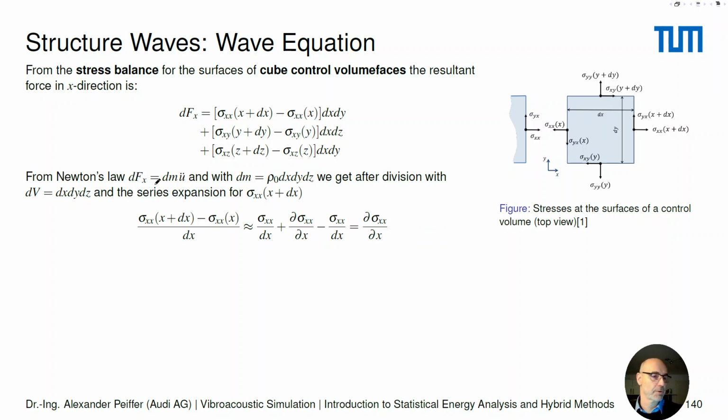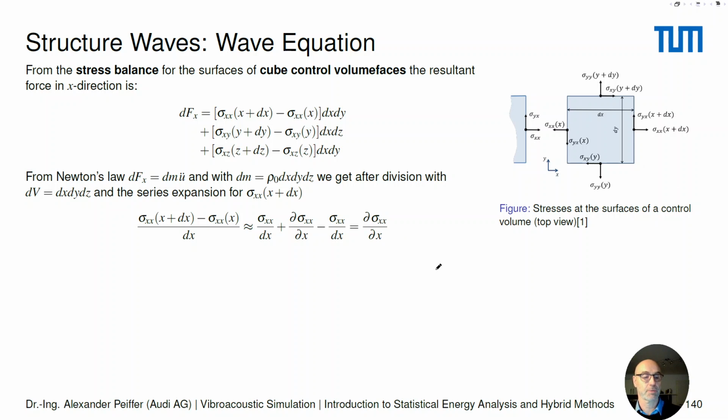If we apply Newton's law, so that the force acts on a mass element and leads to an acceleration in u direction, and we estimate this mass by the density and the size of our cube, then if we divide the upper equation by this volume, we end up with the change of the shear stress and the normal stress.